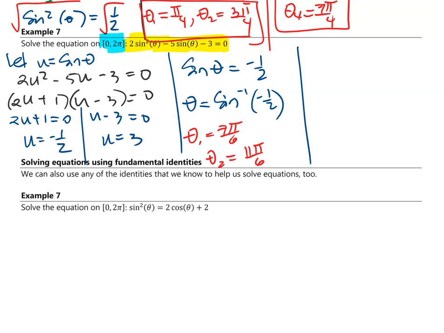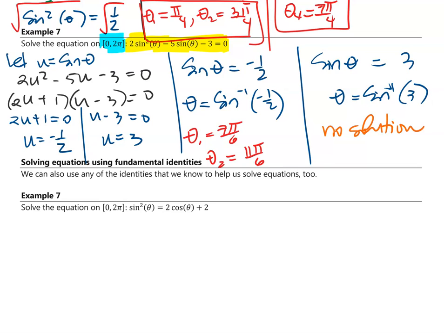The other one, sine theta is equal to 3. That is when u is equal to 3, and inverse sine of 3, and that's outside the range of sine, so meaning there is no solution here.